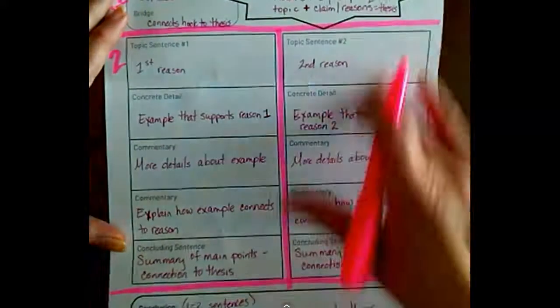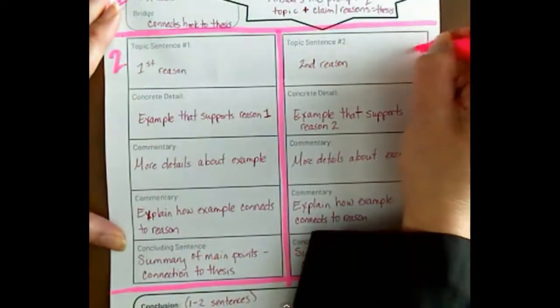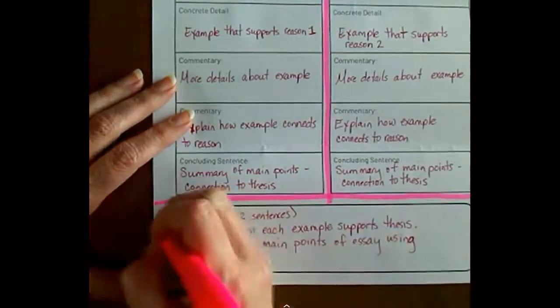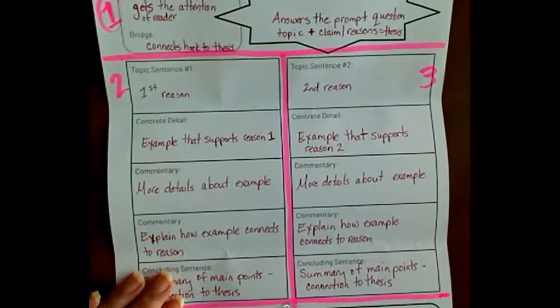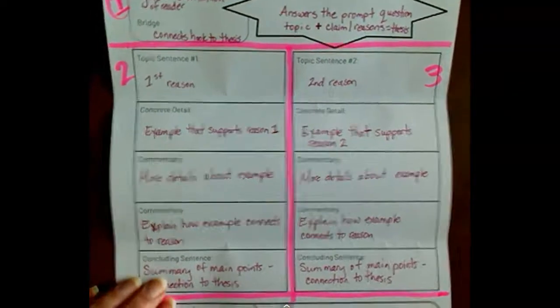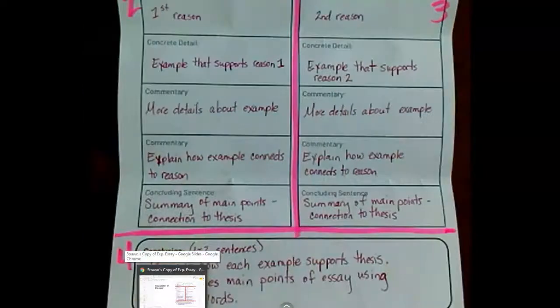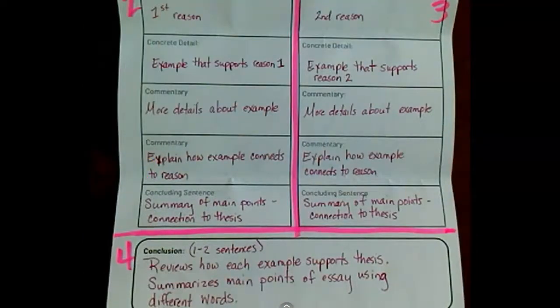And then in this section of the I is paragraph 3. And then you guessed it, what's below the I is paragraph 4. So what you have is 4 paragraphs in this. Let me show you what it looks like on the graphic organizer.